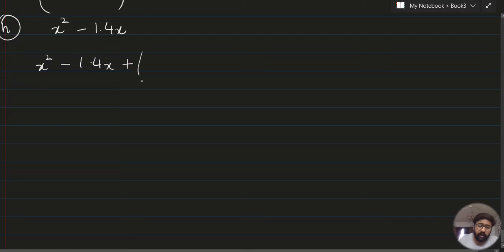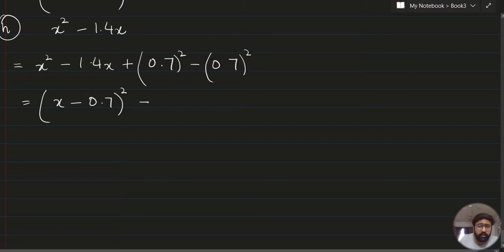So we are going to add 0.7 square and we are going to subtract 0.7 square. So the three terms are making an identity, and the identity over here is the second one, which is x minus 0.7 whole square minus, and the square of 0.7 is 0.49. So this is the end of question number 3 as well.